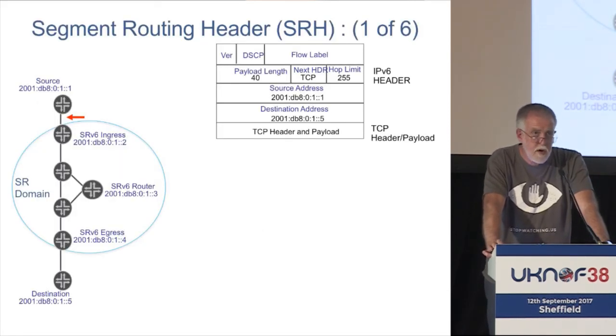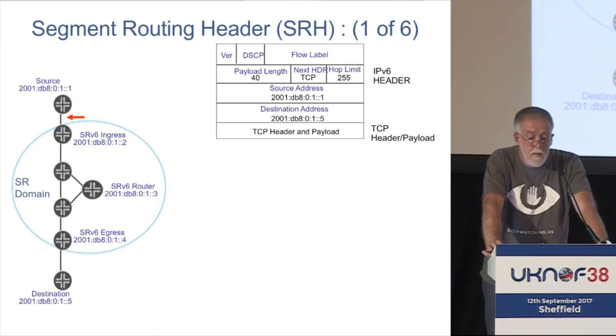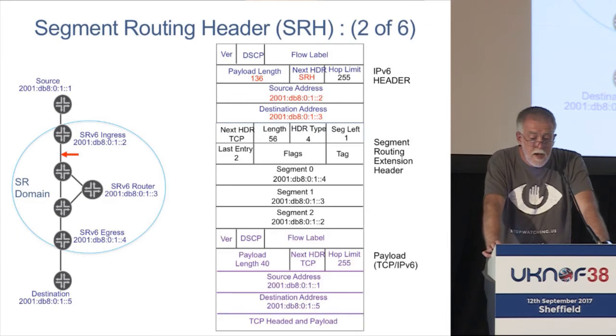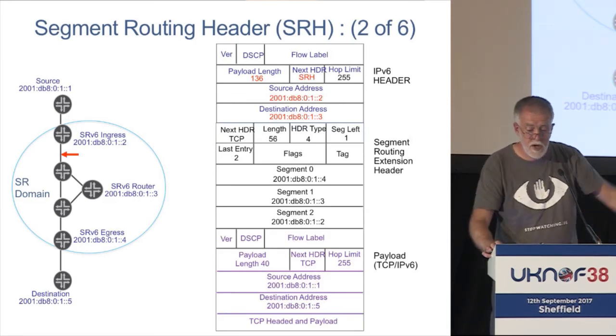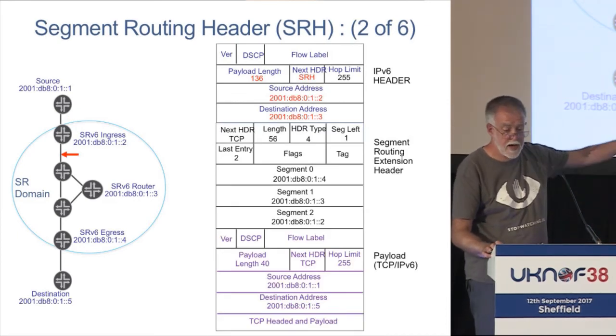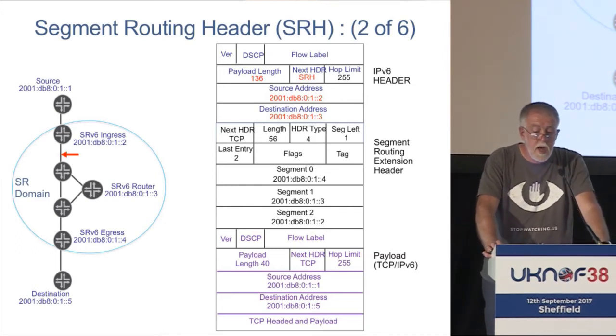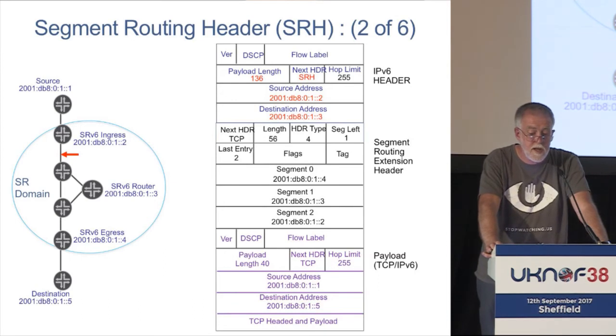So the example I've got is for the encapsulating mode, and we come in at the top with a nice TCP/IP packet, and that gets pushed down to the bottom because we're encapsulating and putting a new IP header on top and a segment routing extension header.